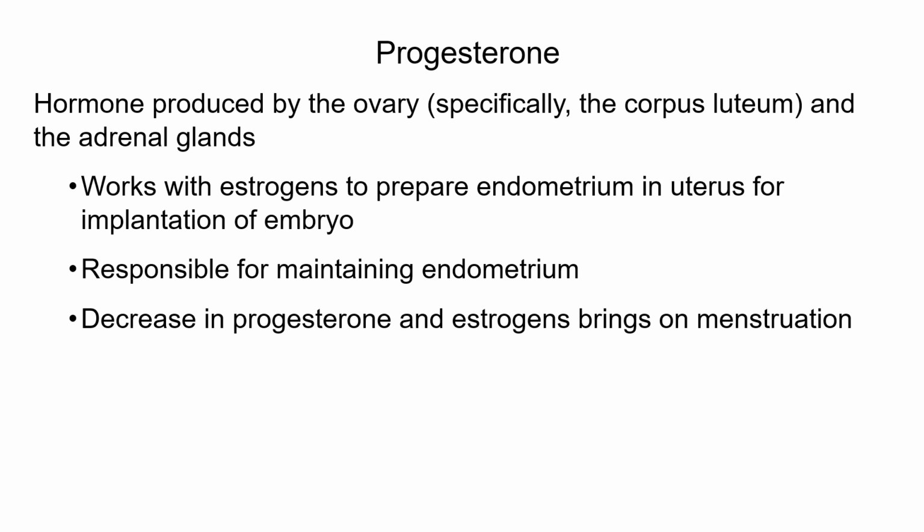Progesterone exerts its effects on largely the structures of the female reproductive system, and it is responsible for maintaining the thickness of the endometrium in preparation for an implanting embryo. And again, once that corpus luteum in the ovary degrades, circulating levels of progesterone will decline, and that's another trigger for the onset of menstruation.